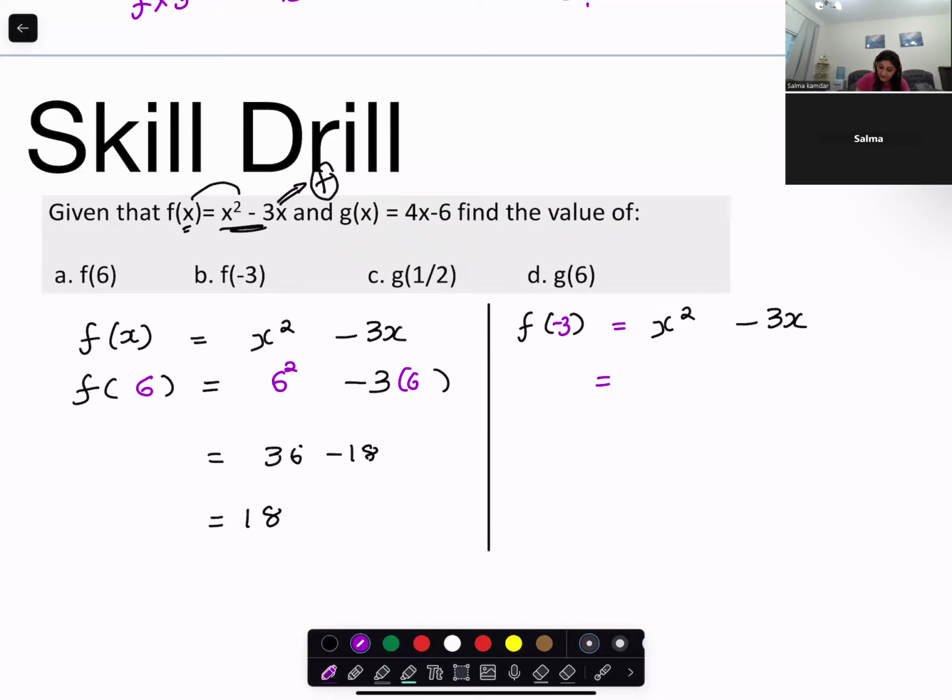So this is going to be minus 3 the whole square minus 3 into minus 3. So minus 3 the whole square is nothing but 9, and minus into minus is plus. Be mindful of the signs. So plus 9. So this is going to become 18.